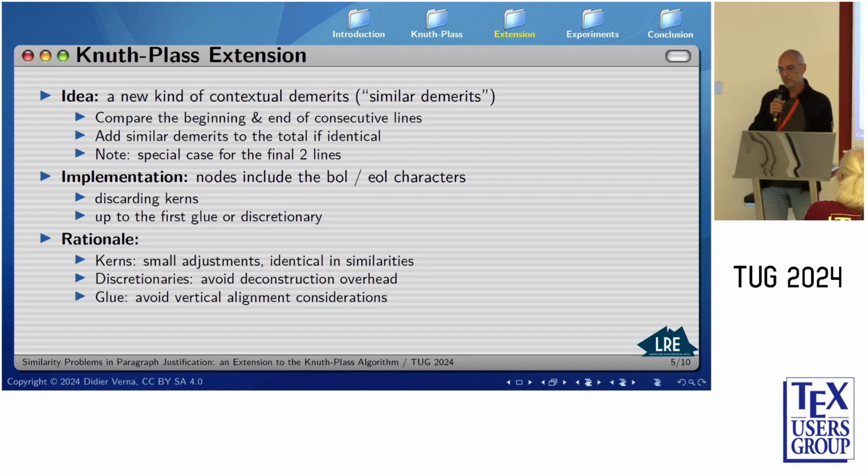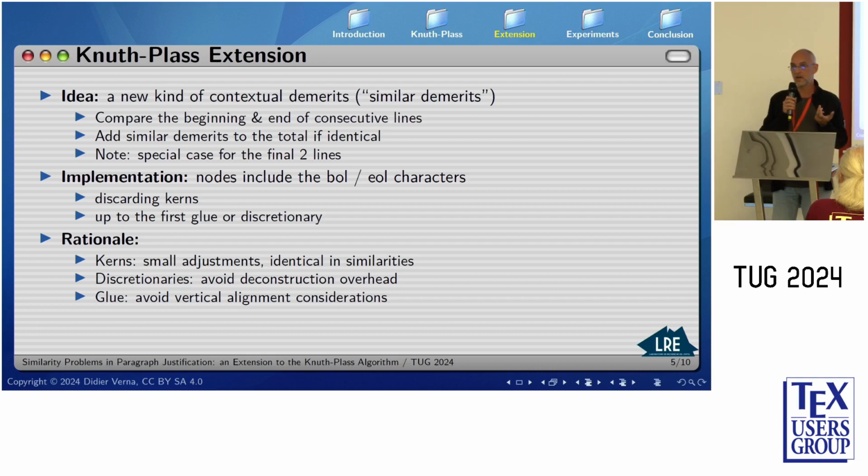So here's why. Discarding the kerns avoids comparing stuff which will have probably little impact on the similarity perception from the human point of view, because kerns are extremely small spaces. And on top of that, if you have two consecutive characters which are identical and in all likelihood in the same font, then if there is a kern in between, it's going to be the same anyway.